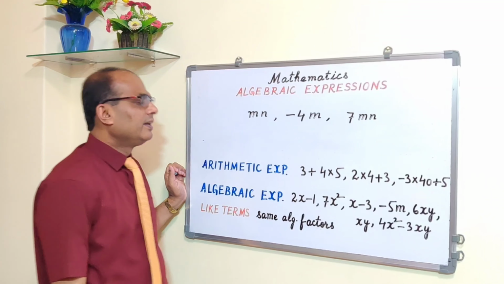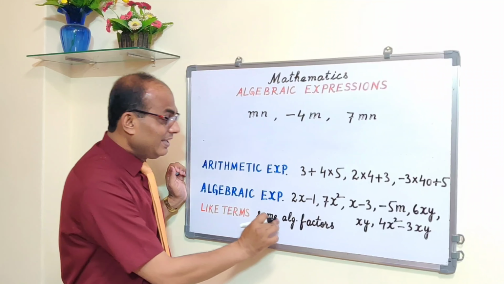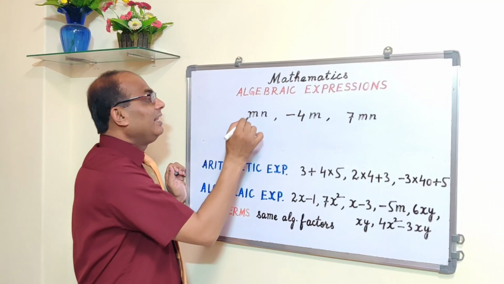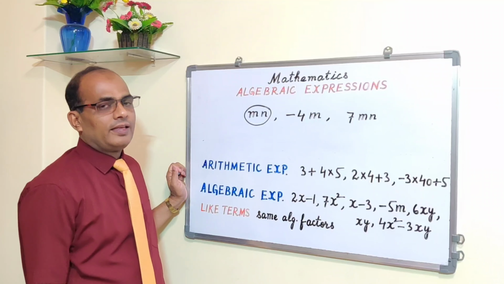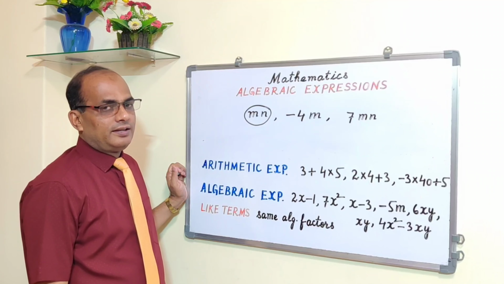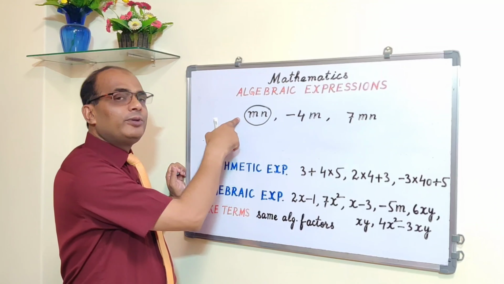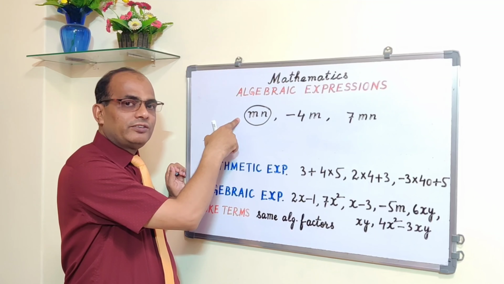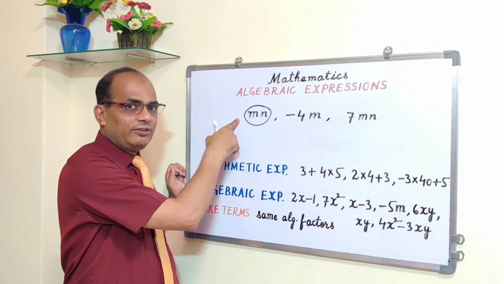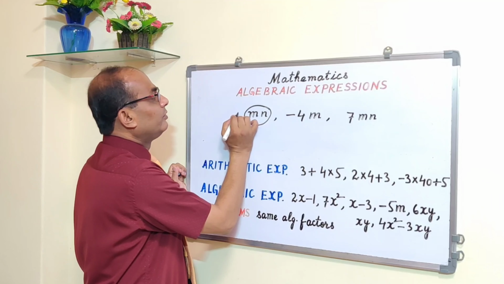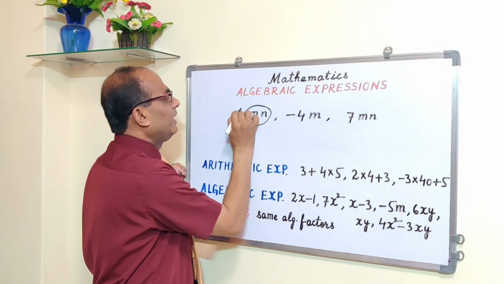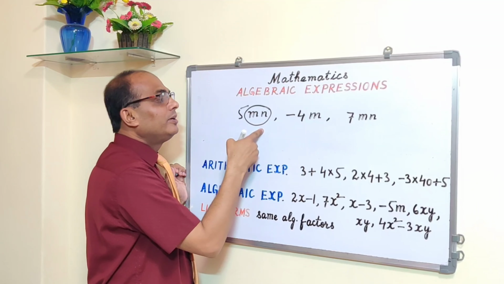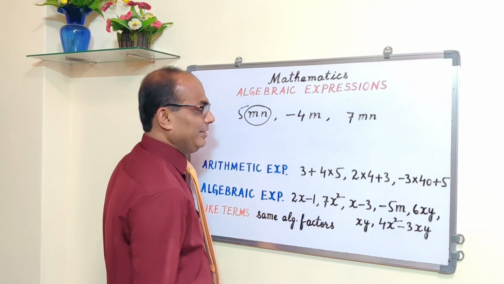Alright. You have to see the algebraic factor. See, the algebraic factor here is mn. The coefficient, the numerical factor, is 1, which we don't write. If you are not okay with it, then let me write down 5mn. So 5mn here, minus 4mn here, and 7m here.